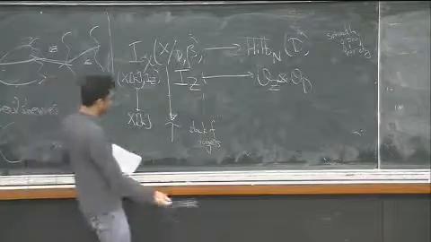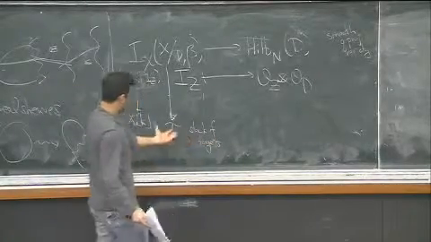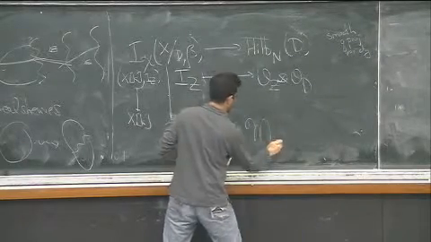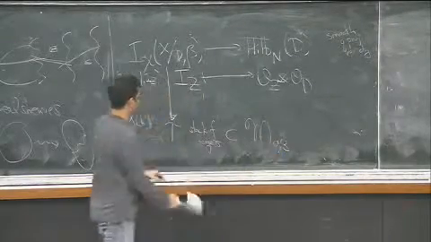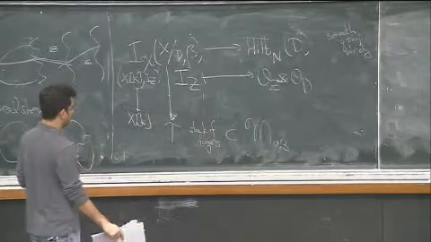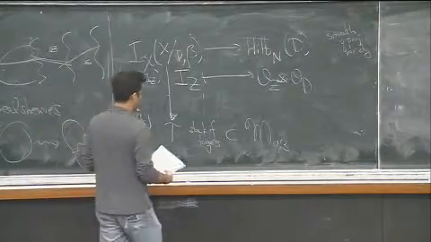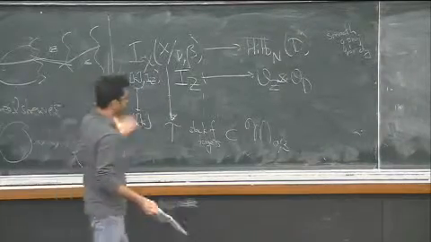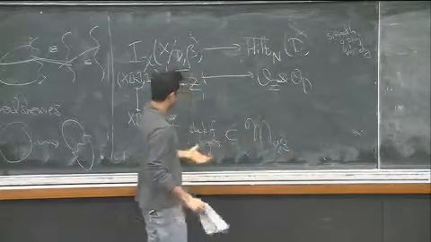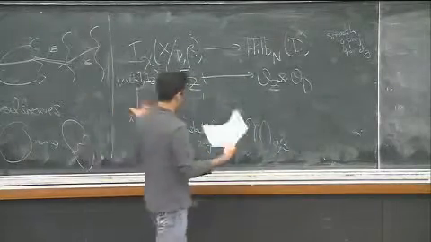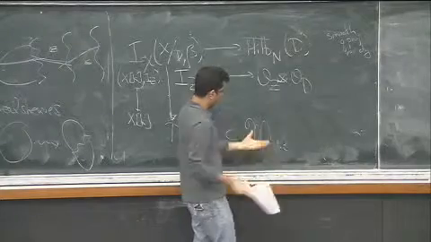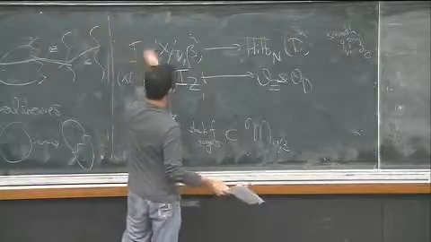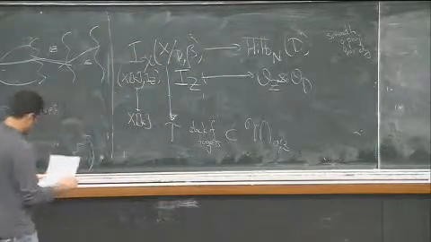And as I explained at the end, one way of thinking about what this stack looks like is that there's actually an open substack of the stack of three-pointed genus 0 semi-stable curves. And this is going to be a very useful fact because it means that anything that we can do using the cohomology of the moduli space of genus 0 curves will give us some kind of structure here in this relative DT space.